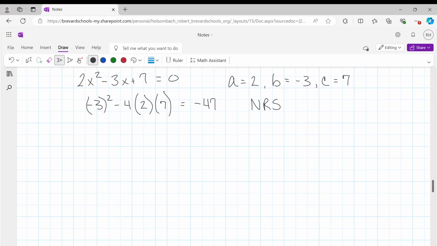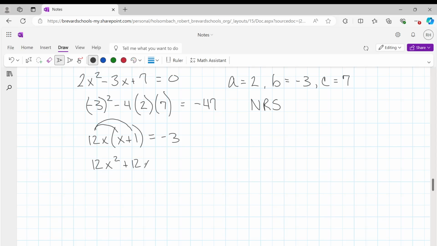If you have something like 12x times x plus 1 equals -3, we have to put this in standard form first. So distributive property would happen first. 12x times x is 12x squared. 12x times 1 is 12x.